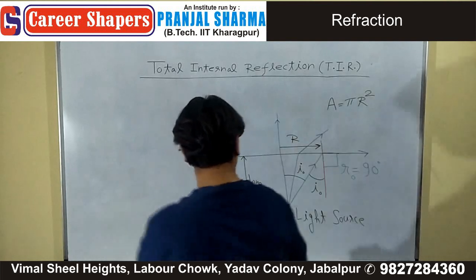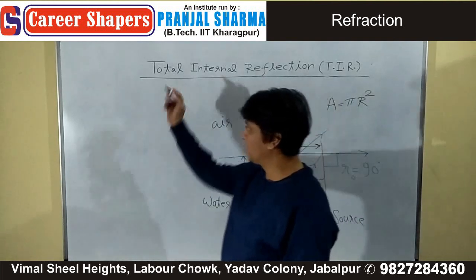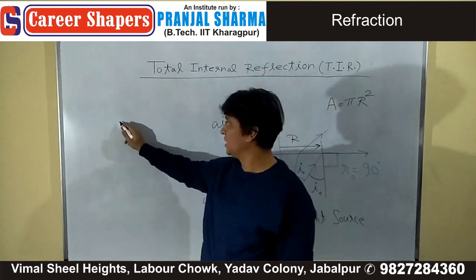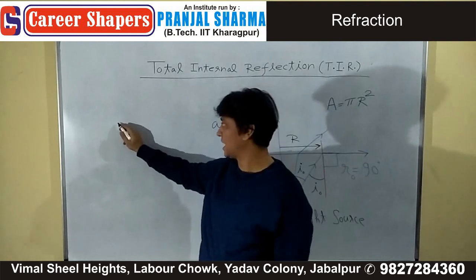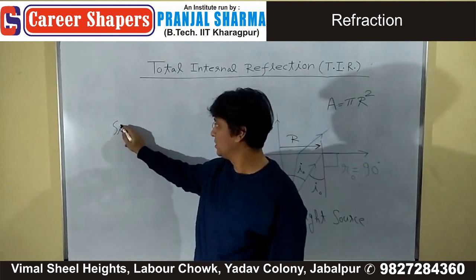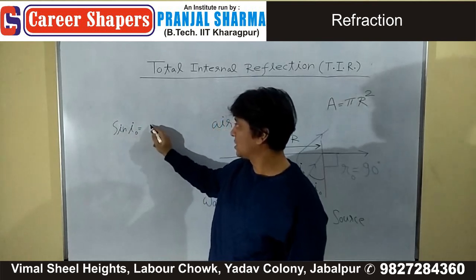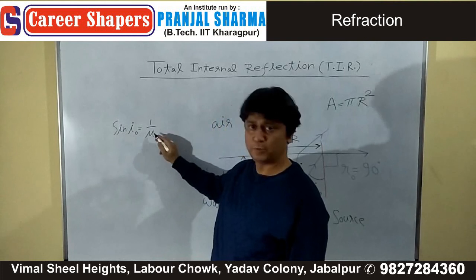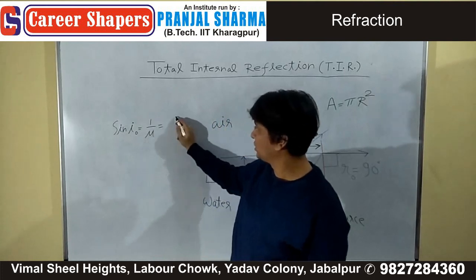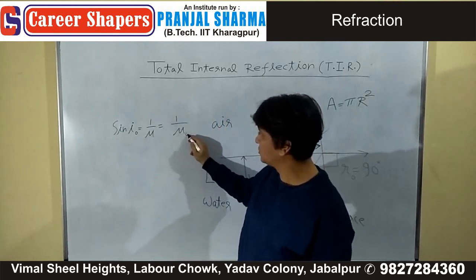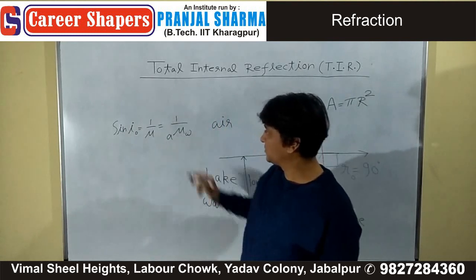Now how do you find this r and all? For that, first let's use the information from critical angle. Sine of I naught is what? 1 upon mu, which is refractive index of water with respect to air.